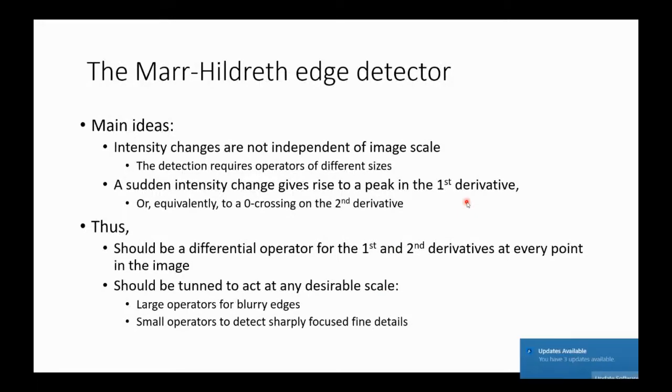And one of the methods is the Marr-Hildreth edge detector, which, to tell you the truth, I almost skipped from the book. It's a nice method, but I haven't seen people using it very much. But I decided to keep it there because there is one key concept in image processing and computer vision.